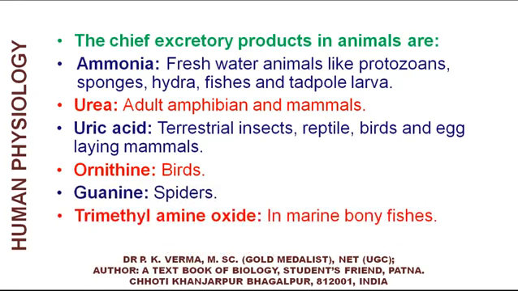However, in marine fishes, urea is retained inside the blood and body fluid to make a higher osmotic pressure equivalent to the osmotic pressure of seawater. That is, they need to maintain their body fluid and blood isosmotic with marine water, and therefore they retain urea, and in place of urea, trimethylamine oxide is excreted.